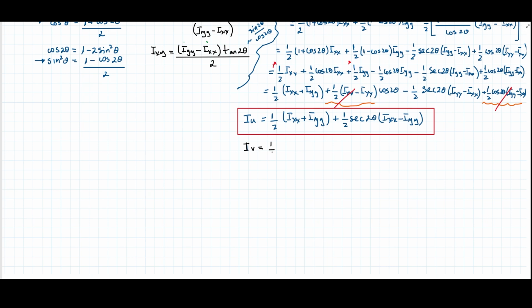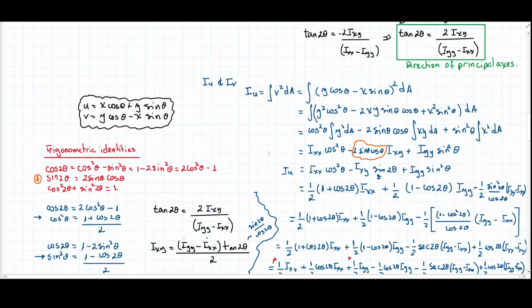It's going to have a pretty similar structure, but instead of a plus, it's going to have a minus. So it's pretty easy to remember in that sense. And secant of twice the angle. And let me mark it down also.